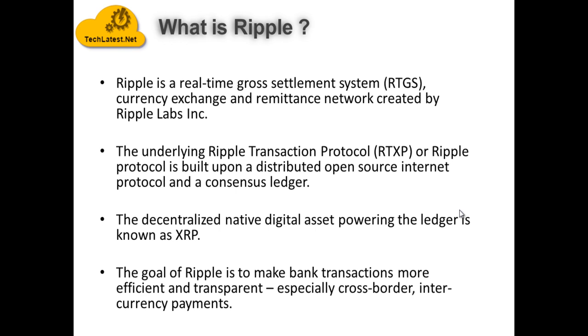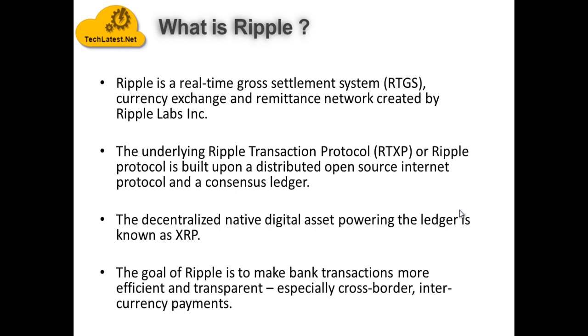Just like the internet acts as a network of information, using which you can transfer data from one place to another at lightning speed, in the same way, Ripple wants to be the network of value, wherein you can transfer value, in terms of money or currency, from one node to the other node, from one place to the other place.